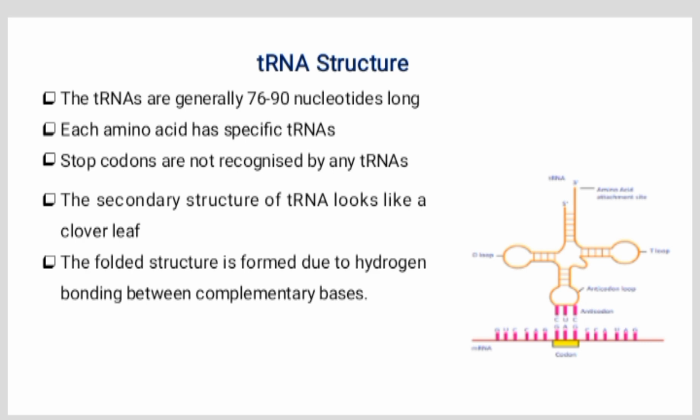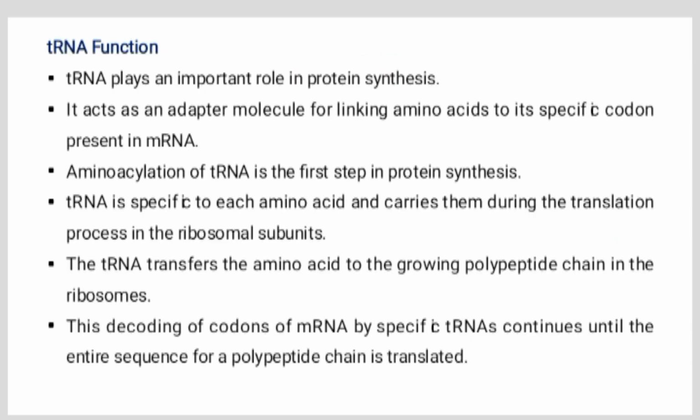The start codon is AUG, and the stop codons are UAA, UAG, and UGA. The stop codons are not recognized by any tRNAs. The secondary structure of tRNA looks like a clover leaf. The folded structure is formed due to hydrogen bonding between the complementary bases.